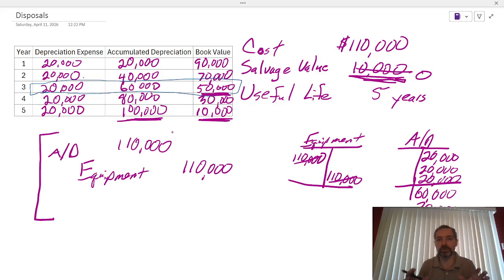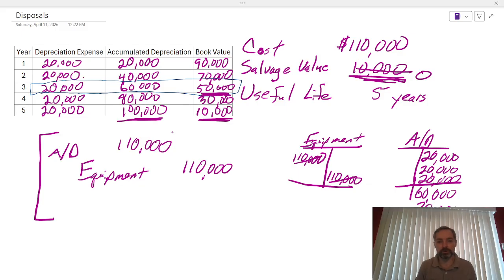It takes both of those pieces off the books, saying we don't have this equipment anymore. But there is no gain or loss. There's no cash. There's no gain or loss because we didn't actually gain or lose any value according to the balance sheet. The balance sheet said it was worth 0, so we just threw it away. And so in that case, that is the journal entry. It's as simple as that one to get rid of it.